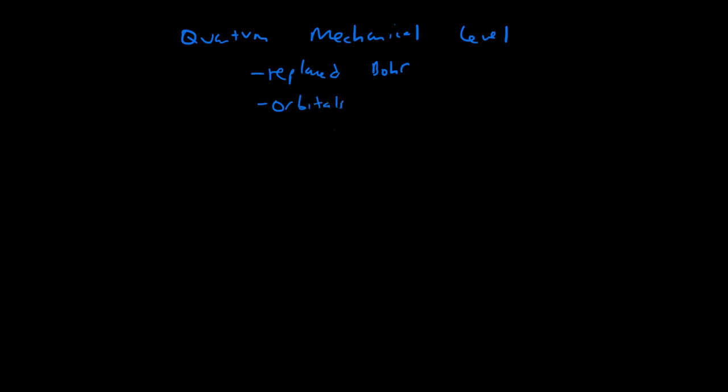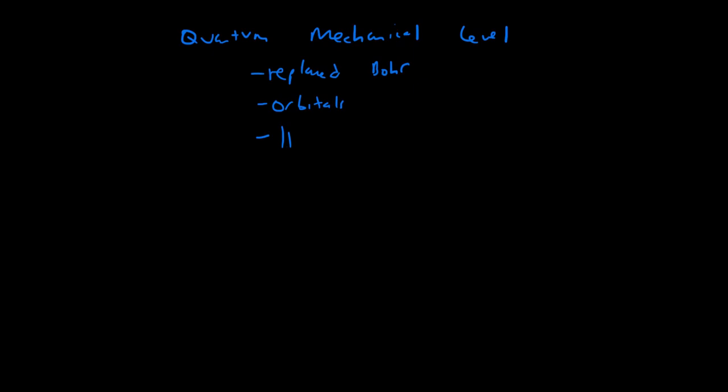So now we're going to talk about the quantum mechanical level. And this is a modern model of the atom which replaced Bohr. And electrons are in regions called orbitals, which they're most likely to be in.